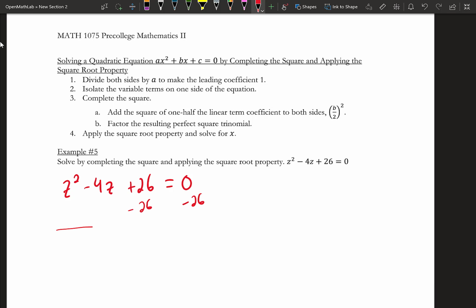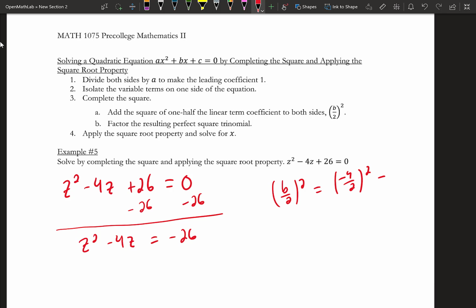I want to isolate those terms by themselves on one side. So subtract 26 from both sides, we get z squared minus 4z equals negative 26. And then we want to figure out what b divided by 2 quantity squared is, and that is negative 4 divided by 2 squared, which is 4.